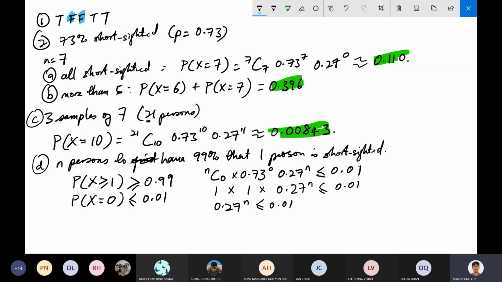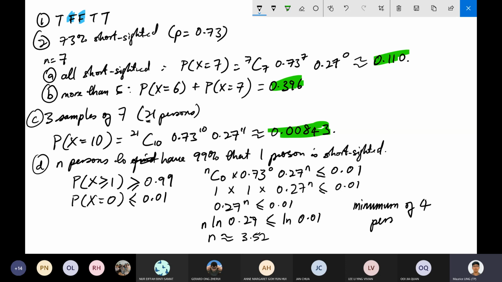Then what you do is you take the ln or log, it doesn't matter. Then when you find out, n is approximately 3.52. So you need a minimum of 4 persons. So that is the answer.